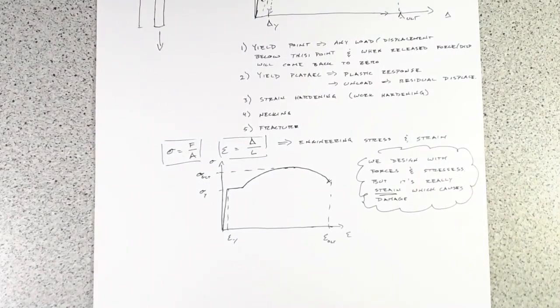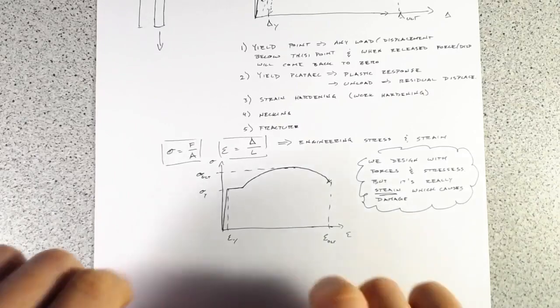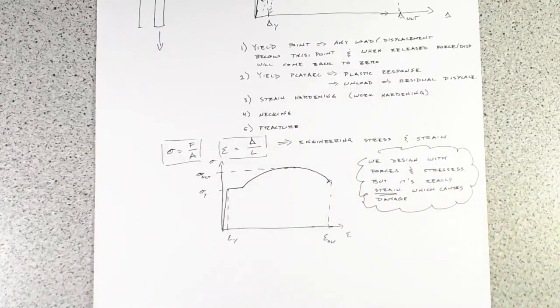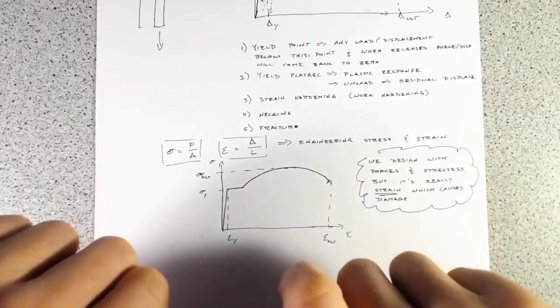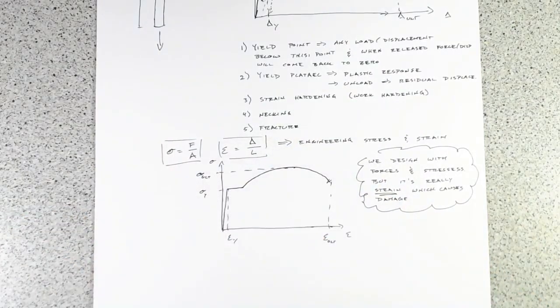Chalk doesn't have a lot of strain capacity, so you can snap a piece of chalk or a matchstick and it doesn't deform a lot, so it fails quickly. So it's really strain which is causing any damage in a structure.